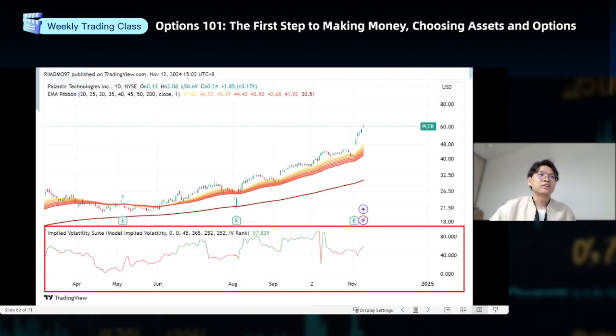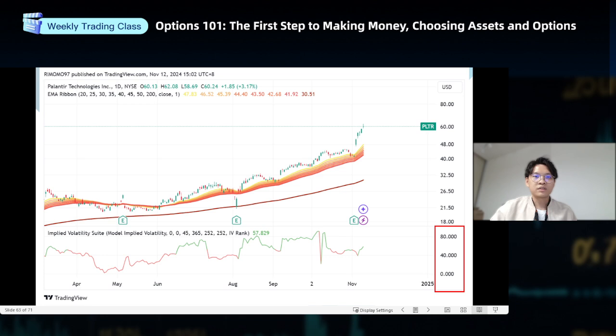Still going to tradingview.com, and then you can just add the indicator called implied volatility. And for the Atlantic, you can see that the implied volatility actually ranges across 0 to 80%.